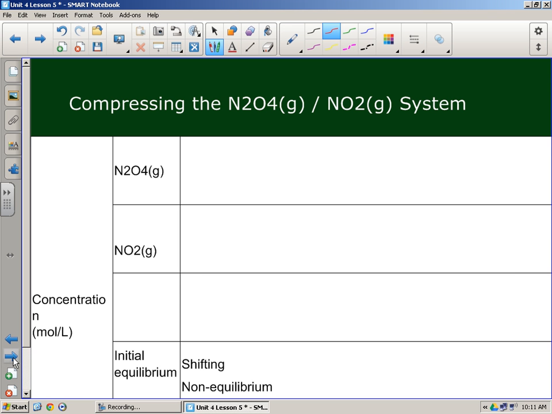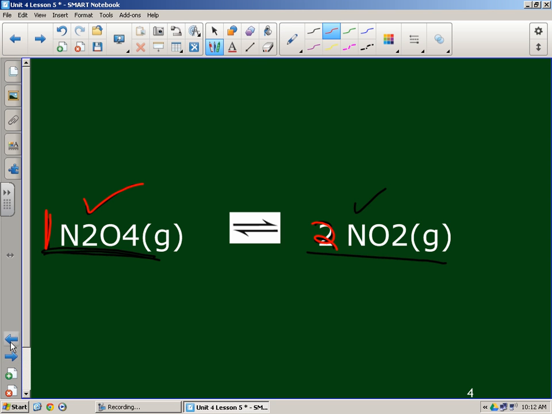However, before we start, if I compress the system, what happens to the concentration initially? It goes up, right? So we need to show that. So it's going to start here and it's going to spike up. And so is this one, because both concentrations are going to get larger, yes? Okay, so that's how it's a little bit different than last day. And then I said it would favor the N2O4 because there's only 1 gas molecule being formed there compared to 2 NO2s.